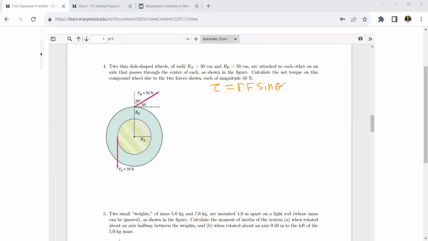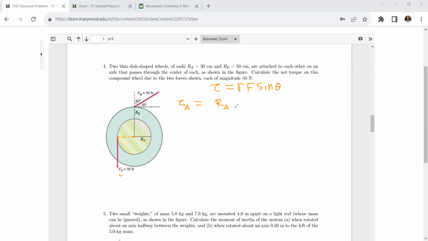First let's calculate for this one, for fa. Let me call it tau a. Now this is the center. From here to here the distance is ra.